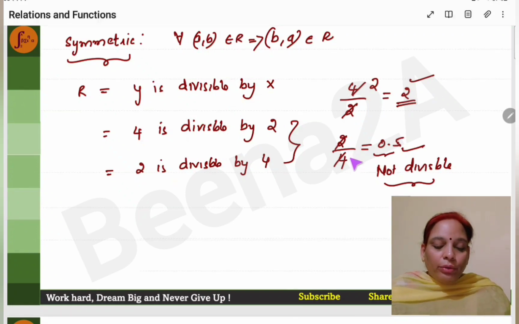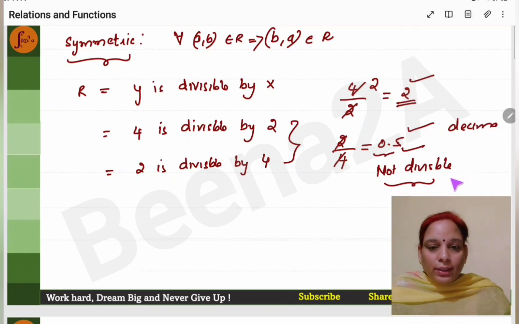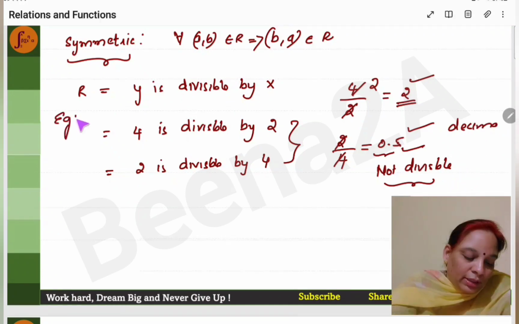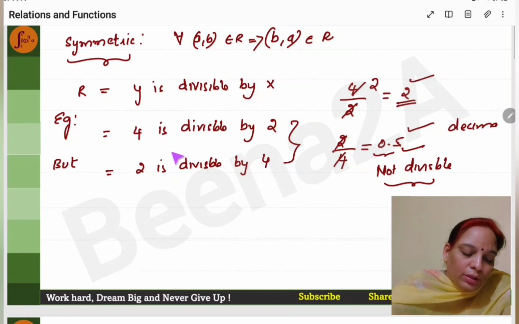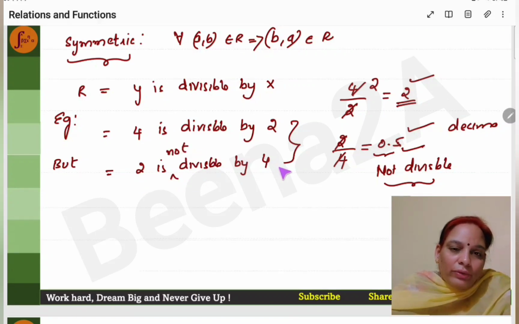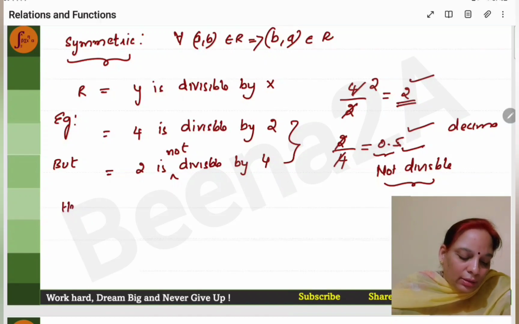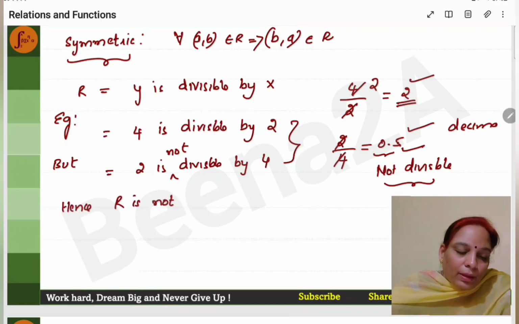But if you take 2 divided by 4, you'll get 0.5, which is a decimal. And that's why it's not divisible. I'll take this as an example. 4 is divisible by 2, but 2 is not divisible by 4. Hence, R is not symmetric.